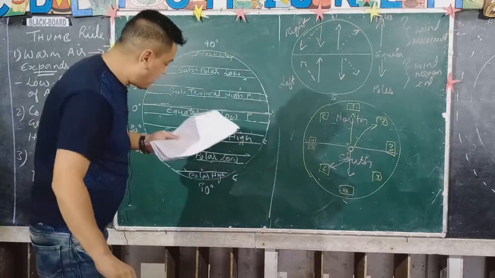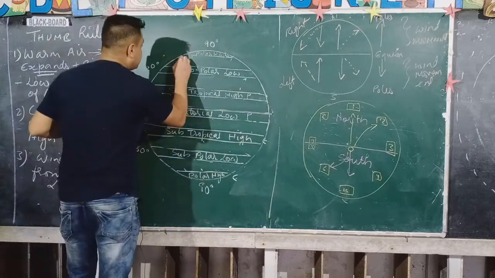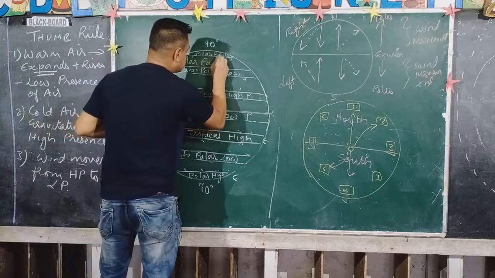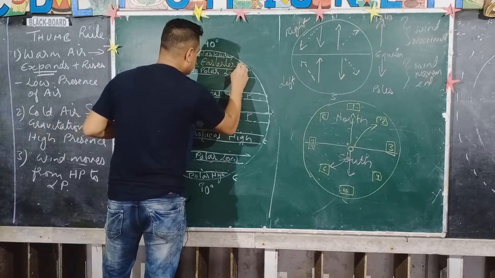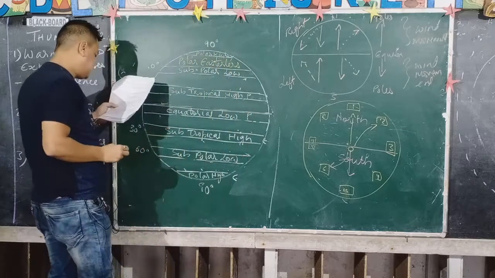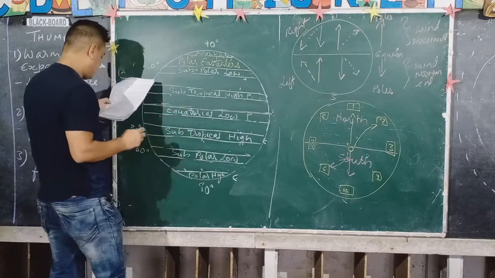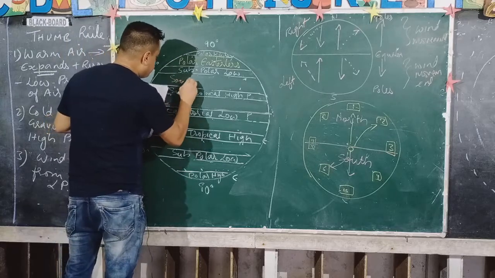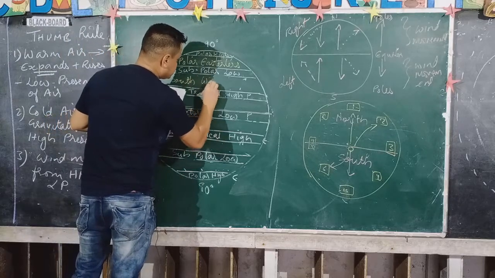Now, okay, what do you find here? You find polar easterlies wind here. Here you find southwesterlies.